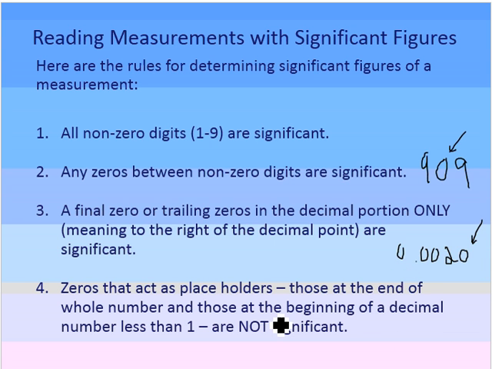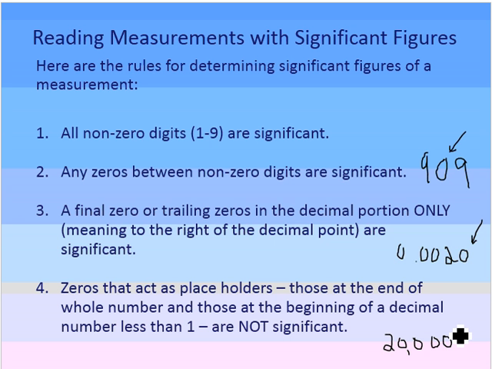But if I had a number, say, for example, like 20,000, all of these zeros that are placeholders would not be significant. So essentially, those zeros that get us to our first significant figure, either going right or left from the decimal point, are never significant.